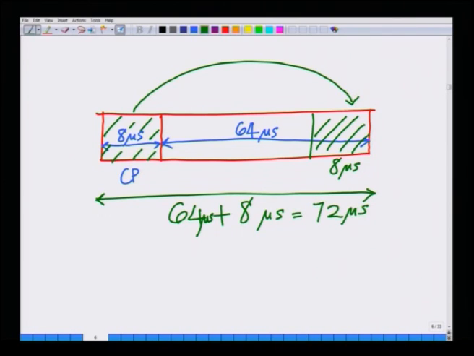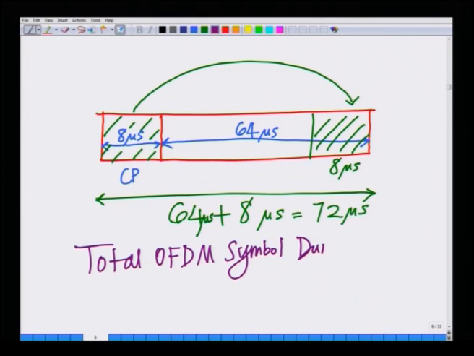Hence, the total OFDM symbol duration with cyclic prefix is 72 microseconds.